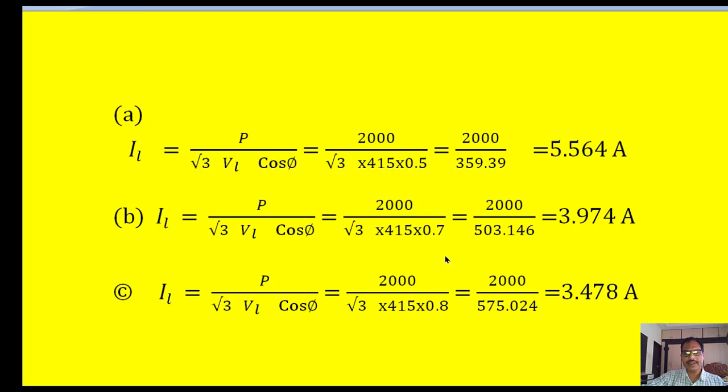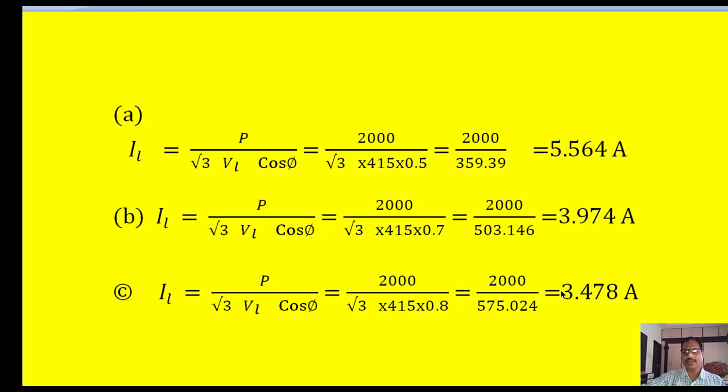Suppose the power factor is increased to 0.7, then the current taken by the load is only 3.97 amperes. So the diameter of the conductor to carry the lesser current also reduces. Similarly, if you further increase the power factor of the circuit, then we are getting 3.478 amperes, which means the current is further reduced.